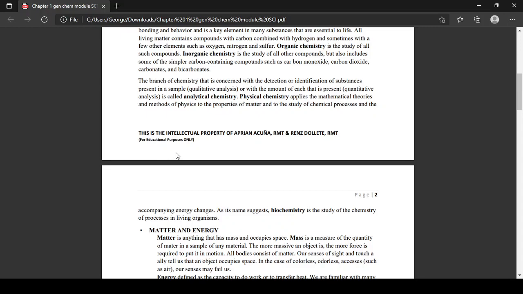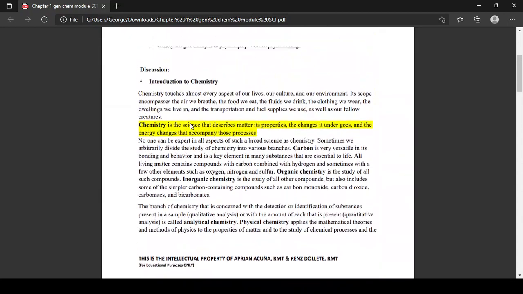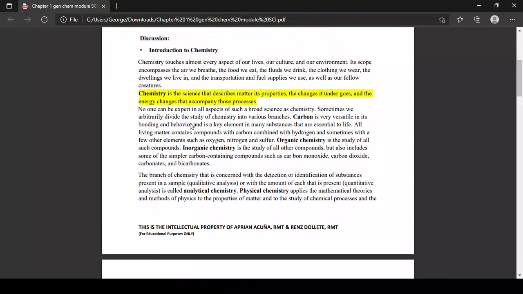What kind of analysis is dealing with the detection or identification of a substance present in a sample? Qualitative analysis. When we are dealing with the specific amount of the substance present in a sample? Quantitative. When we are studying the processes of living organisms? Biochemistry. Correct. So remember these branches of chemistry that relate to criminology.